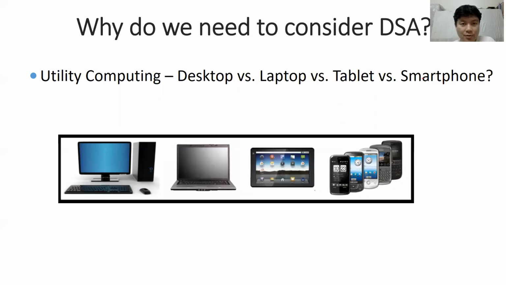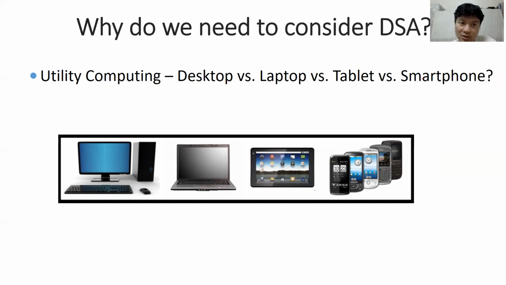If you already know deep learning, many people think that deep learning is good when you use a desktop because the desktop provides a very good specification. However, nowadays there are many researchers trying to use the smartphone as a deep learning server. Is it possible? Yes, it is possible.